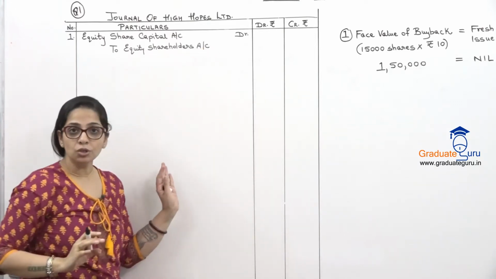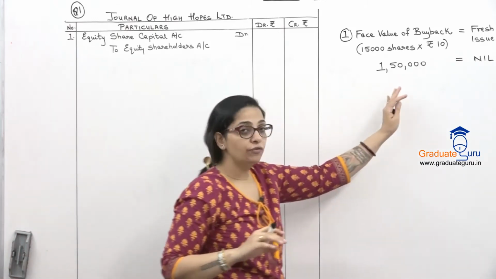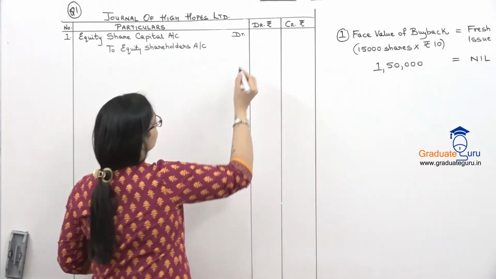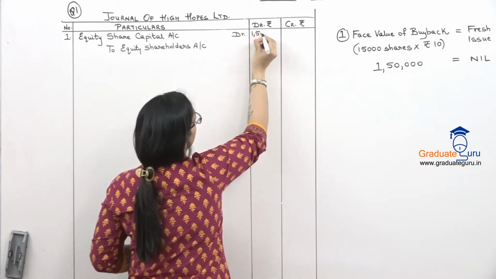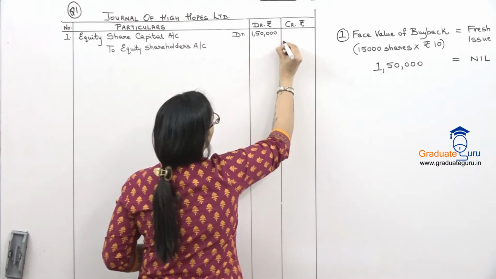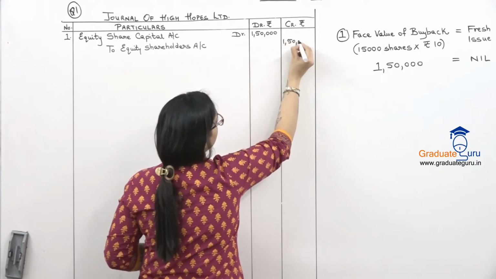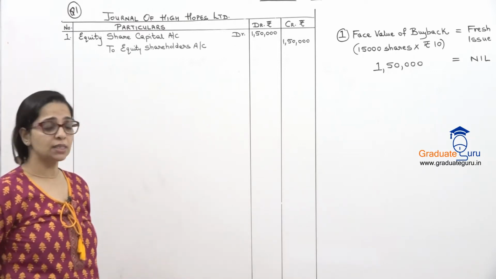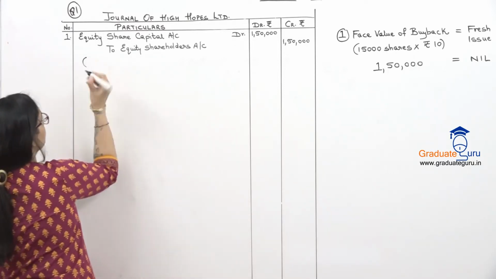And this amount always comes from your face value equation, which is 1,50,000. It's the first sum, so I'll write a narration so that you understand what to write in your future sums.